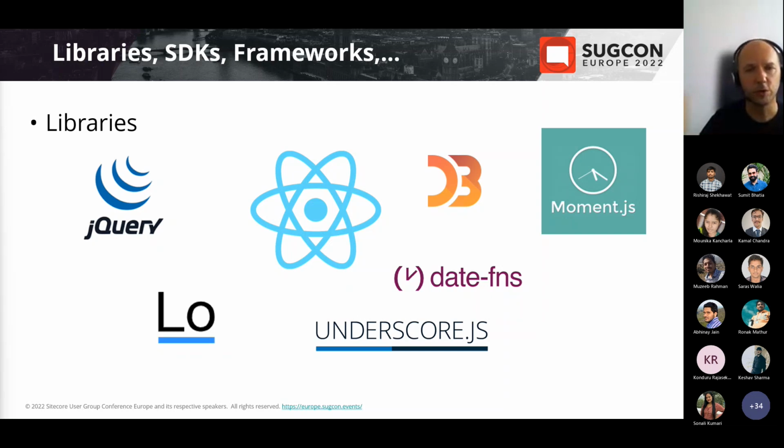We have D3 if you wish to do some data visualizations in web browsers. We are using Underscore, which is a really nice utility library with lots of functionalities. Lodash is something similar. Then we have date-fns, and we have Moment.js for dates. Moment.js is basically abandoned these days, right?